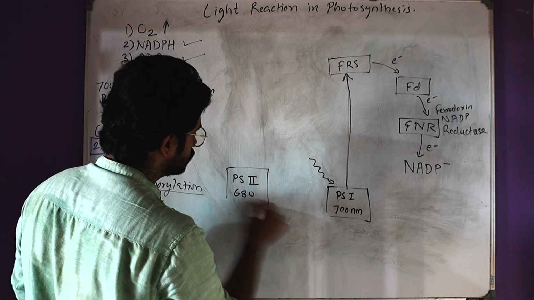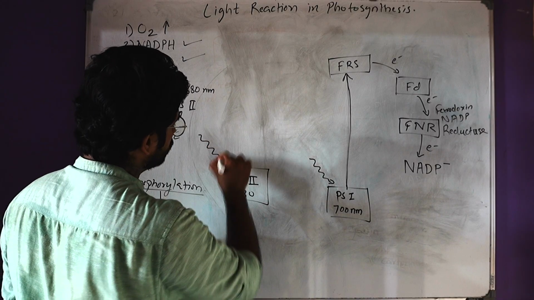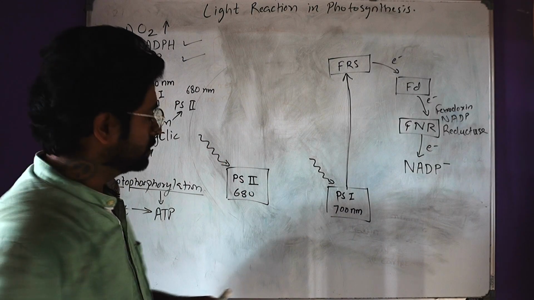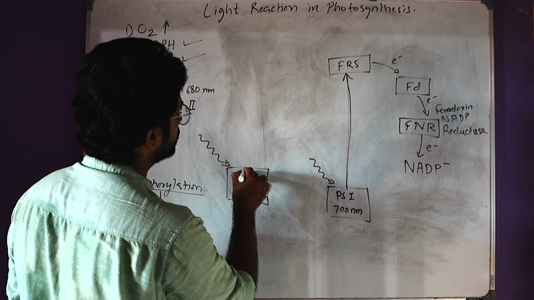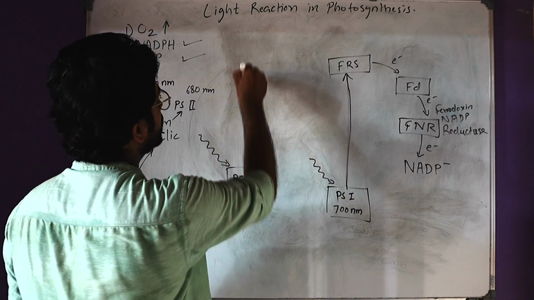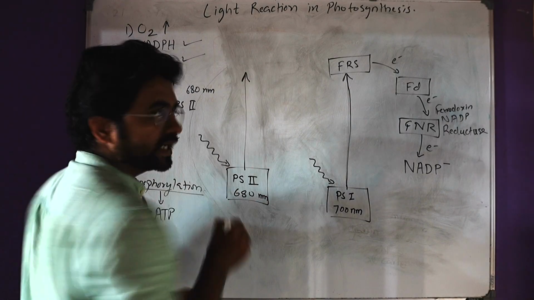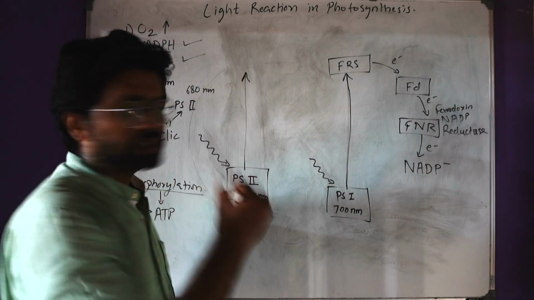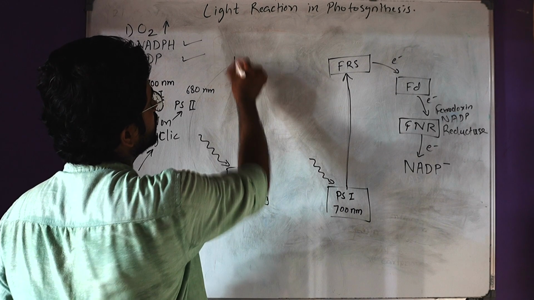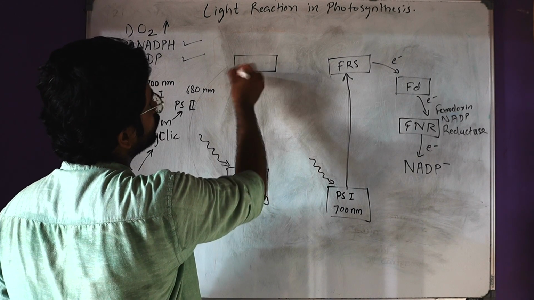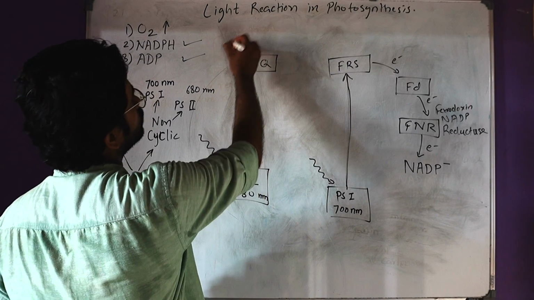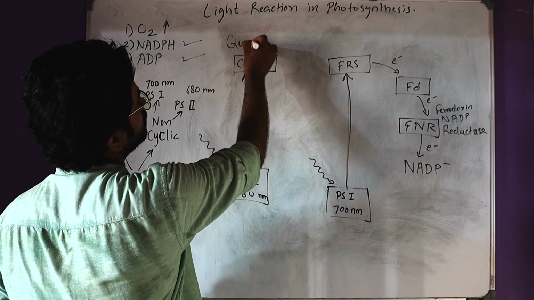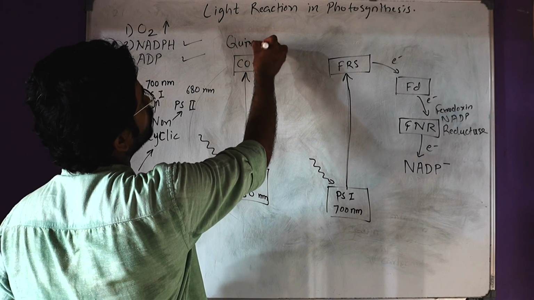How? On the arrival of light at 680 nanometer, it is absorbed. Then the electron is at the excited state, so it is ejected after excitation, and here the electron acceptor is coenzyme Q. Q stands for quinone.